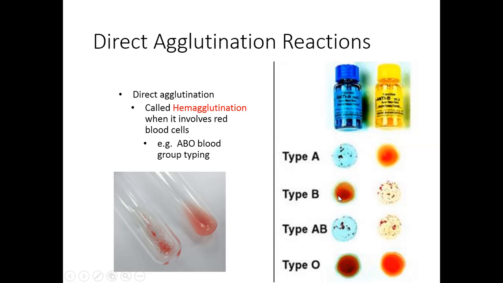Similarly, mix a patient with B antigen on their red blood cells, it has to mix with B antisera to be positive. Why do people with type AB blood, red blood cells that have A antigen and B antigen, react with both? Because they have both on their red blood cells.